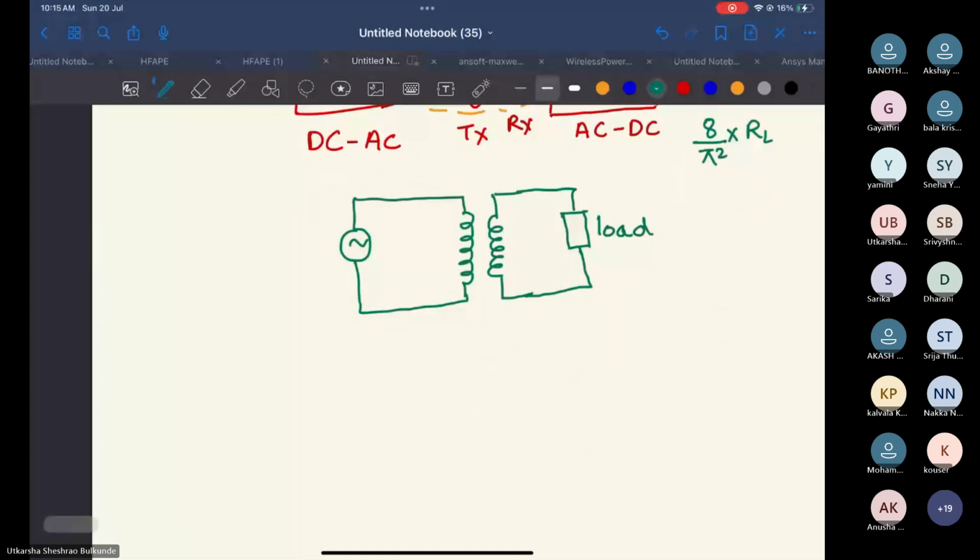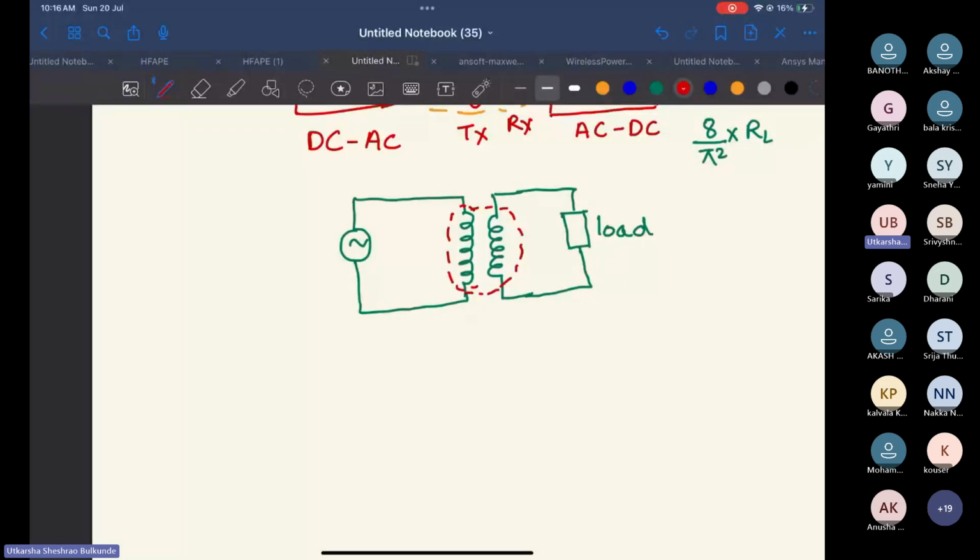Now, can you see, for wireless power transfer, you need a certain inductance in the circuit, sorry, not in the coil. For wireless power transfer, you will need a coil, so that will have a certain inductance.